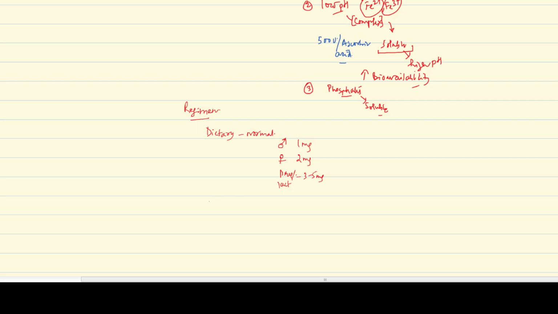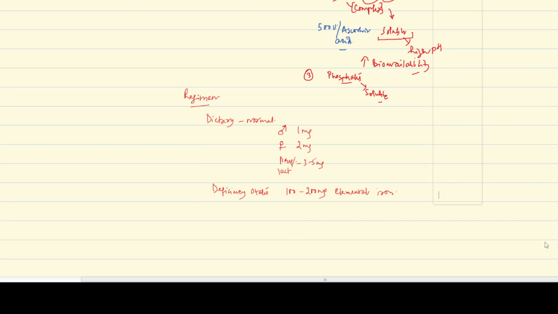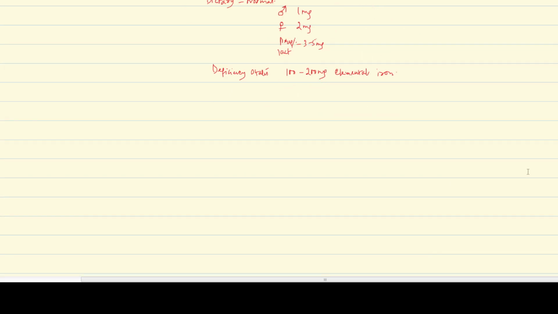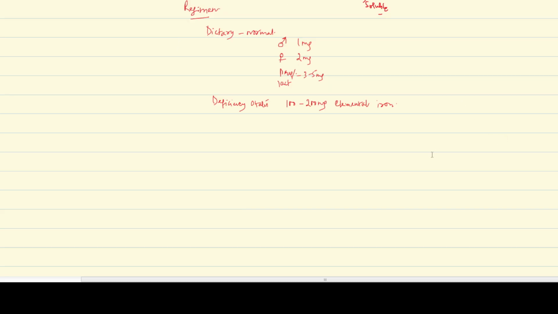But in deficiency states, what is required is 100 to 200 milligrams of elemental iron. In the deficiency state, this requirement of elemental iron cannot be met from the diet.